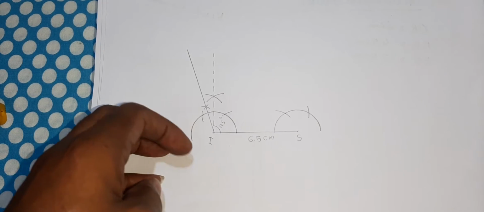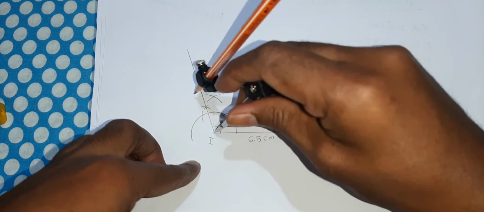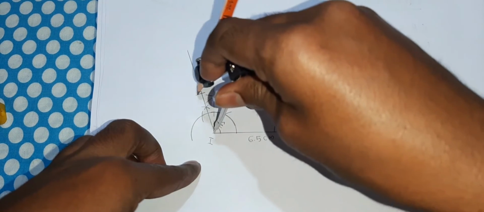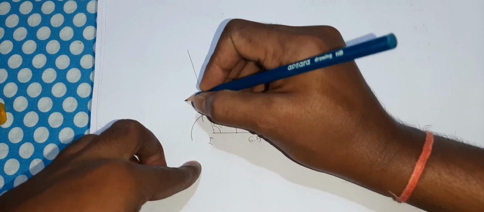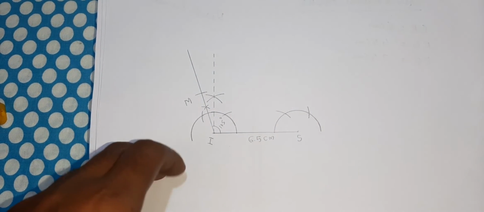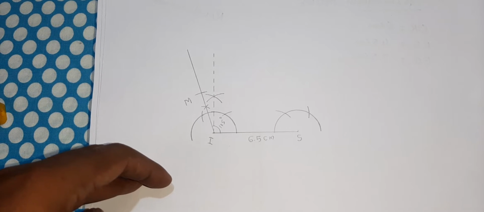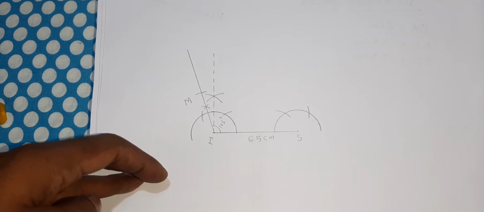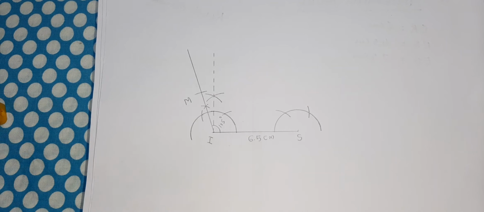Take center as I, and this is 3.5. This is M. Okay, this is M. MIST. Now again they have given at M also 75 degrees. So we need to construct 75 degrees now.